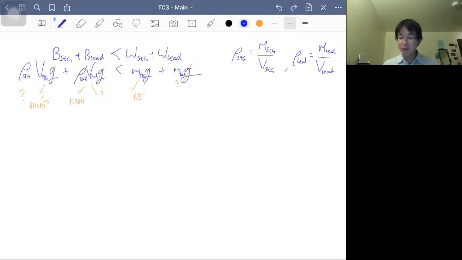Because if you don't write out labels, you just write rho equals M over V. That doesn't really help you. Now you can go and tick off things. So do I know this? Yes, this is 65. Do I know the volume of S plus G? I do, yes. It's 80 times 10 to the minus 3. So this will give me this.